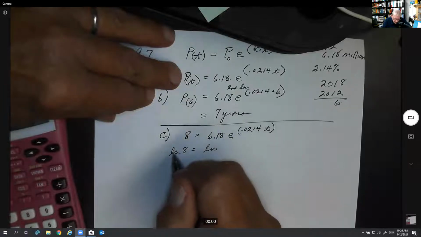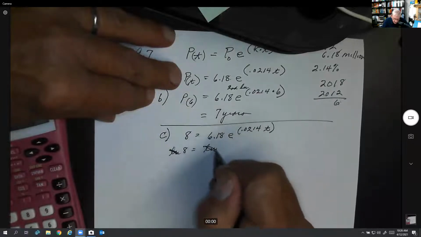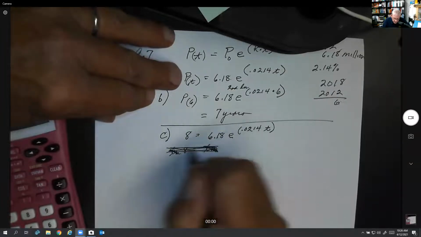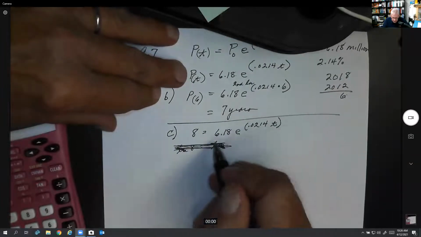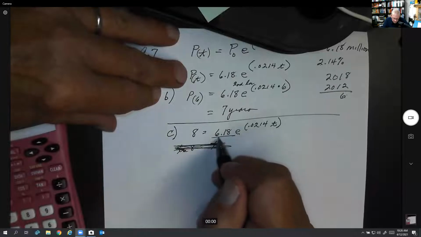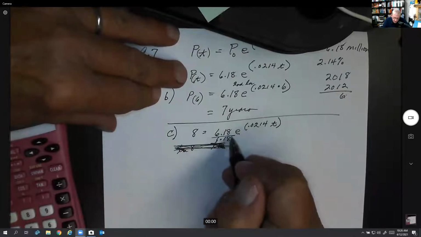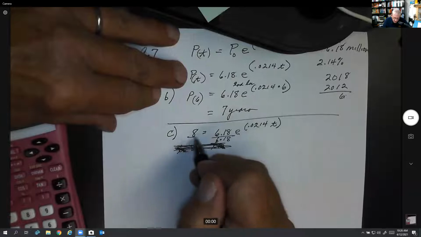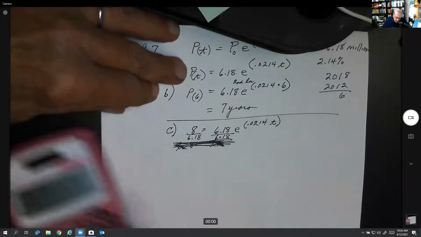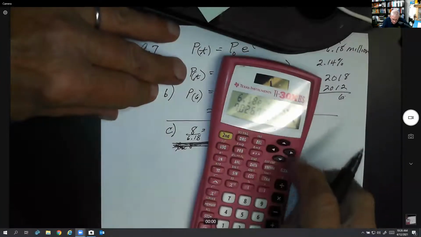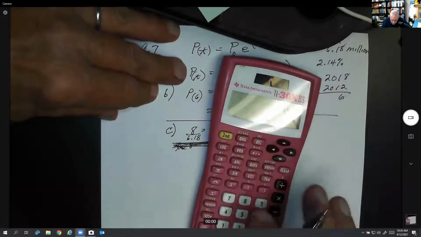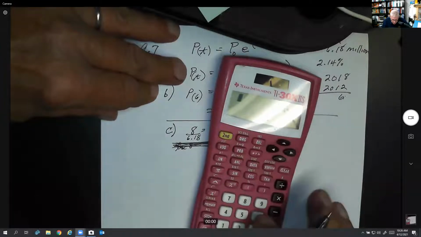Well, before we do that, let's divide both sides by 6.18. Let's do that first. We could put this in an ln form, but it's just easier to go ahead and divide it.